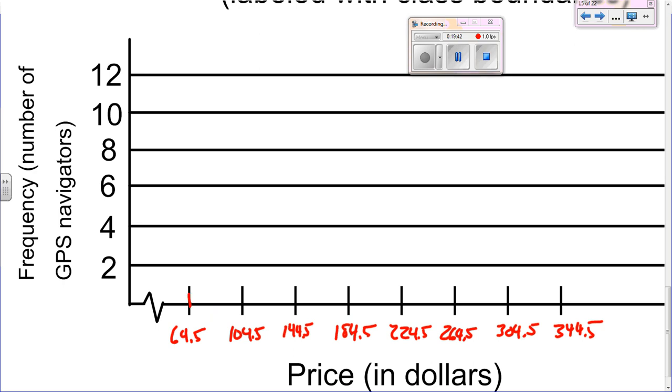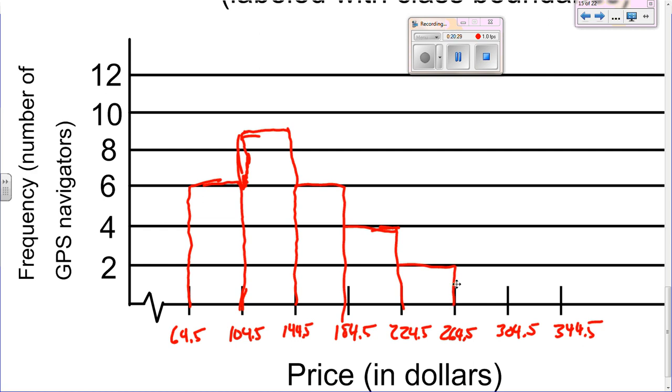Then again, you're just going to do your frequency. But here, because you're doing your class boundaries, your graph actually touches the marks. 6, then 9, 6 again, 4, 2, 1, and 2.